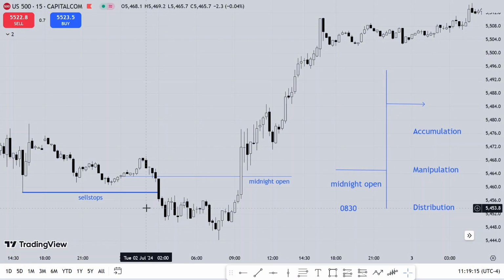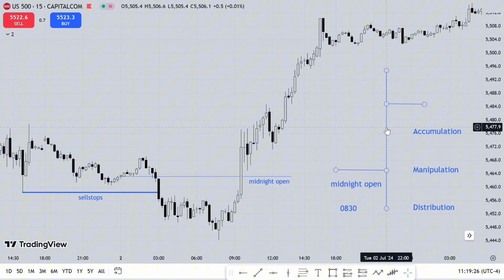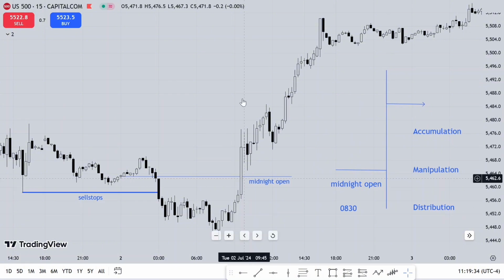So price will keep on punishing those individuals. So you had this manipulation leg lower, then price went higher. This expansion leg is synonymous with this impulsive swing higher.